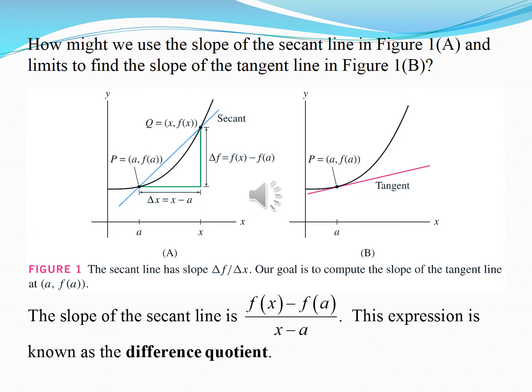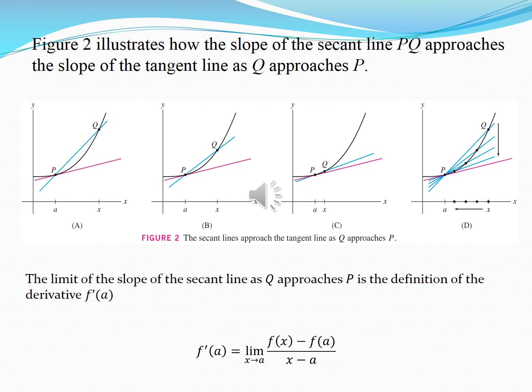In order to describe this, we find the limit as x goes closer to a. Finding the limit of that quantity, which is known as the difference quotient, gives you the derivative of the function. So this is what you see here.